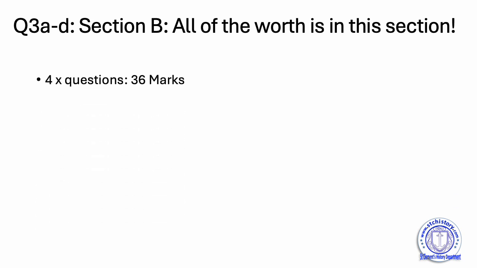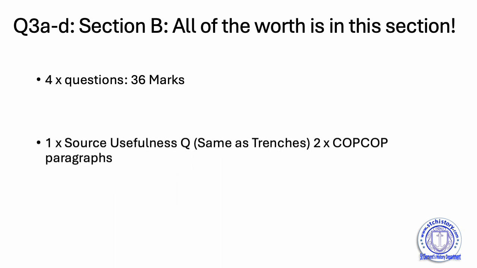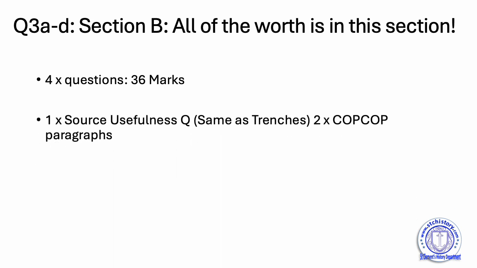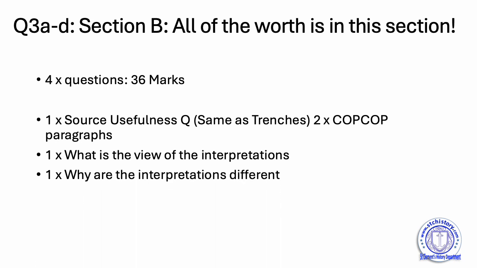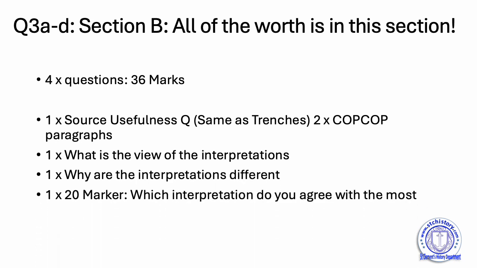Okay, so there's 4 questions in section B that will add to the 12 marker and the inference question. The first one is the source usefulness question, the same as the trenches, so we need to do 2 paragraphs, why source B is useful, why source C is useful, with some provenance, and then you've got your interpretations questions, the 4 marker, what's the view, and then why are they different, and then the big 20 marker.